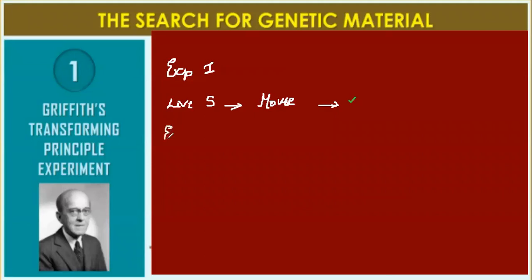In the experiment 2, what happened is that he has taken heat-killed S-type bacteria and gave it in connection with the mouse.